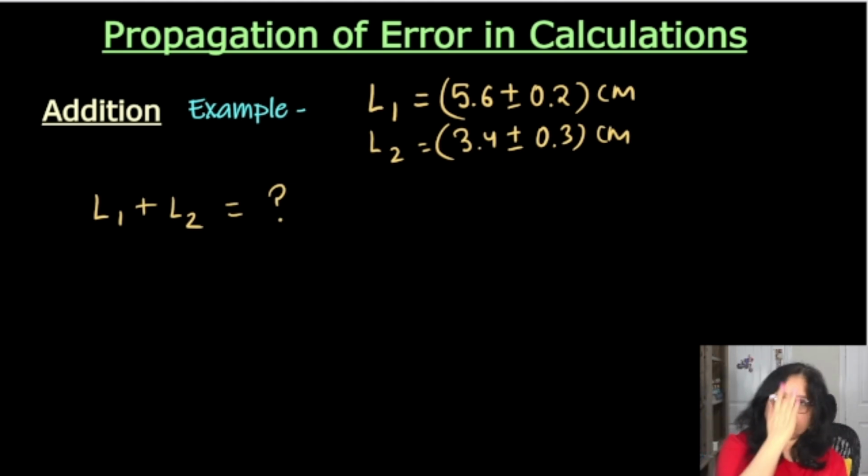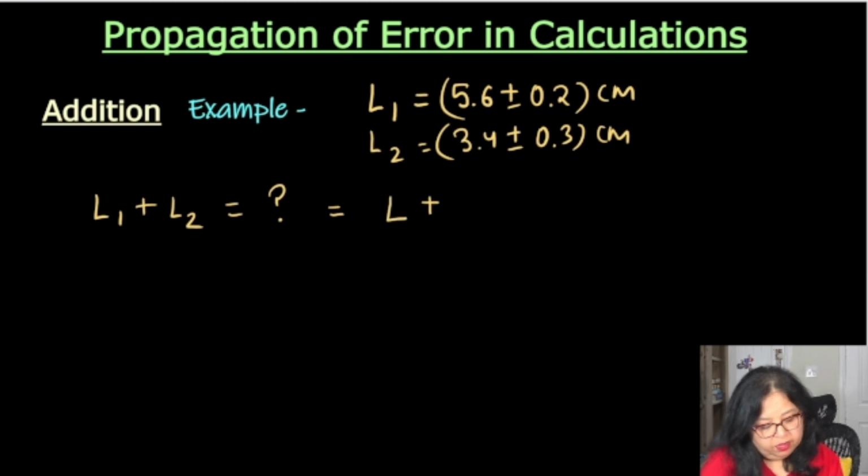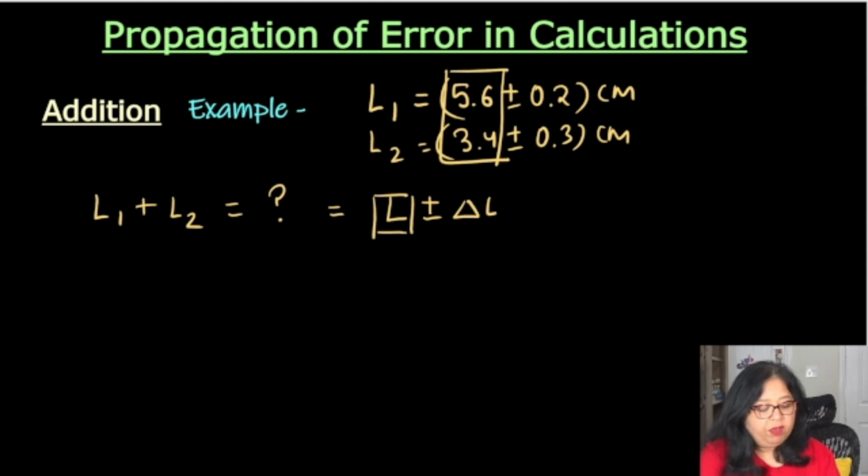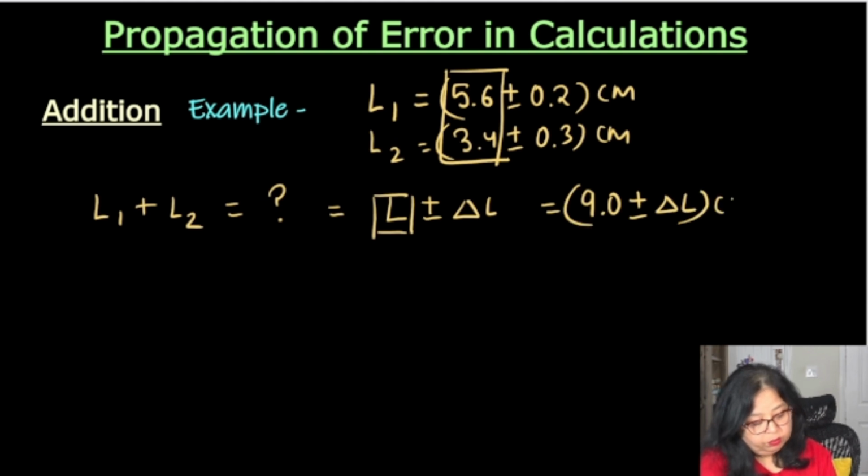What is it going to be? L1 plus L2 is going to be the sum L plus minus delta L. This L is easy to find. It's just the sum of these two. 5.6 plus 3.4 gives me 9.0. This part was easy, but what is this delta L equal to?